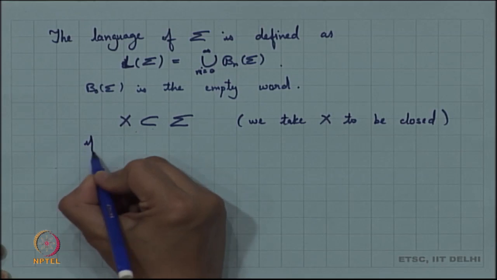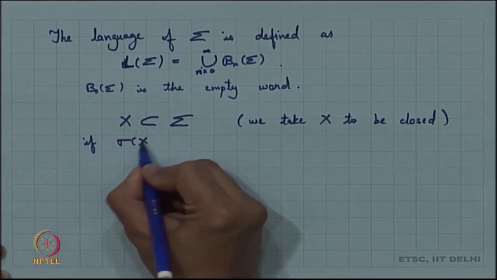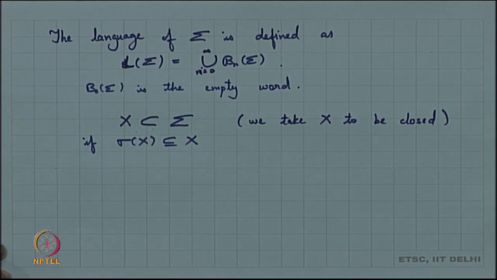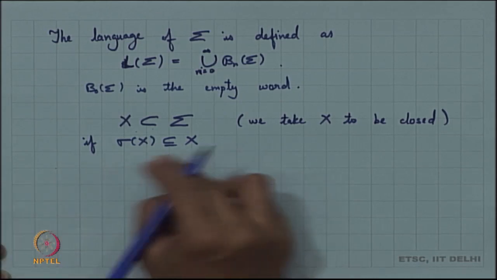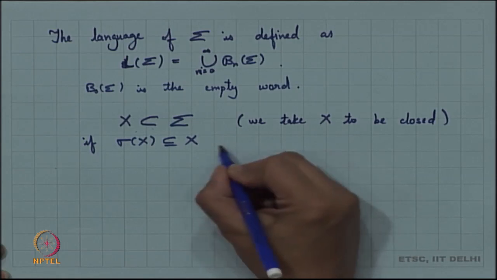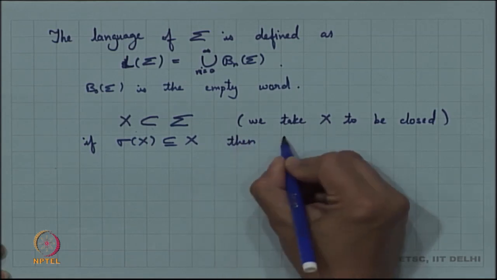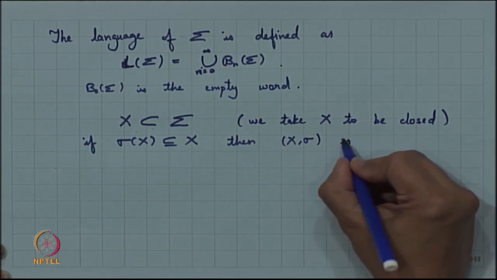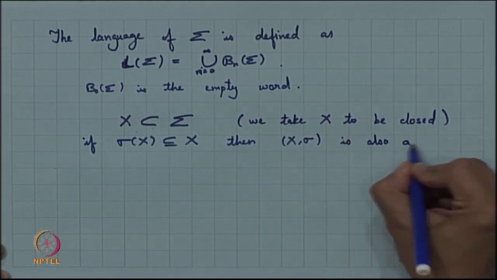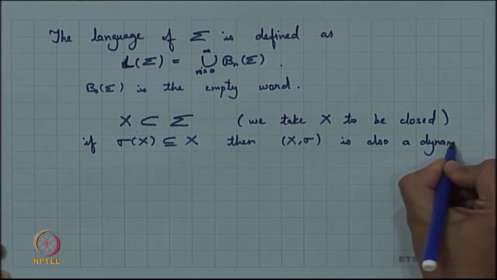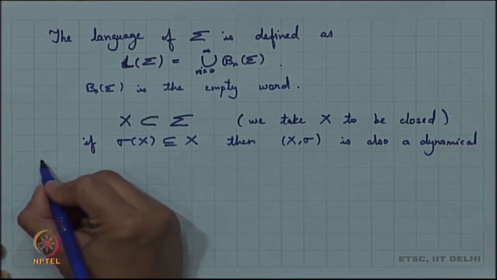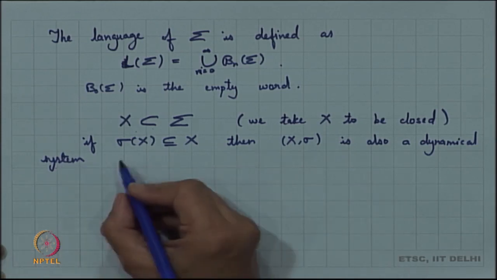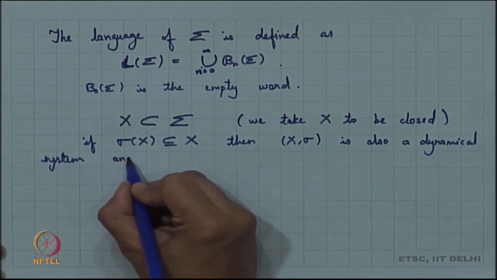If X is invariant under sigma, then we say that X is also a dynamical system, and this is called a subshift.